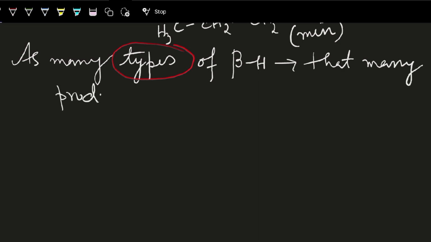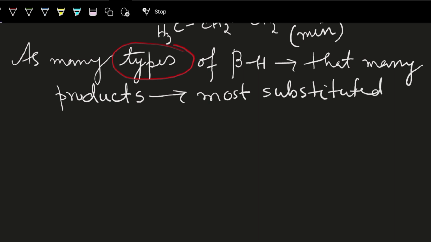Now the question arises, okay, fine, we are getting many product. Now how do we know which is the major product? The most substituted alkene is the major product.